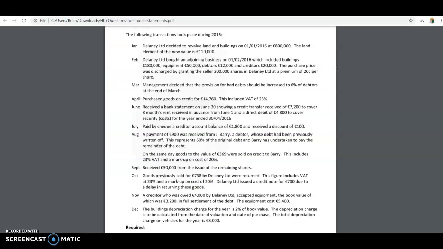Now, the second half of this, on the same day, goods to the value of 369 were sold on credit to Barry. This includes 23% VAT and markup on cost of 20%. Okay, so kind of nearly two parts to this second part. So goods of 369 were sold on credit.